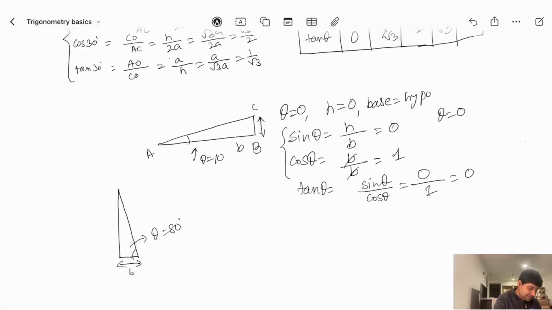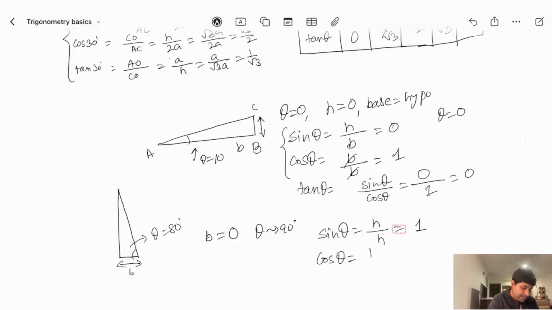So in that case, your base becomes 0 when theta tends to 90 degree, right? Actually speaking, we can't draw a triangle at 90 degree because it's a straight line at the same time, so you can just approximate it for the time being. Now in this situation, what will be sine theta? Sine theta is nothing but height divided by hypotenuse. Both are the same, so it will be 1.